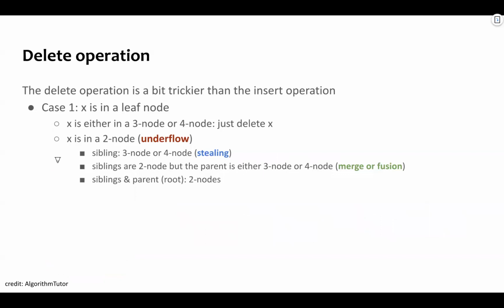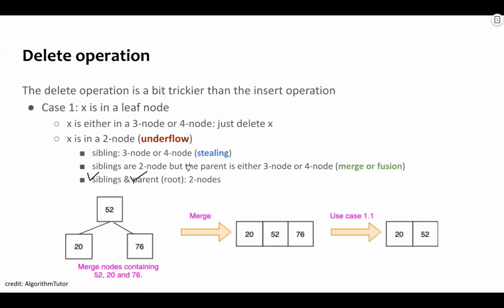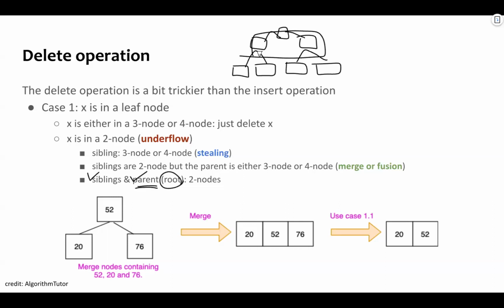And what happens if both sibling and parent are 2 nodes? This could only happen when the parent is root. I told you that we are always inserting at the bottom level, and insertion cannot take place at this internal node.